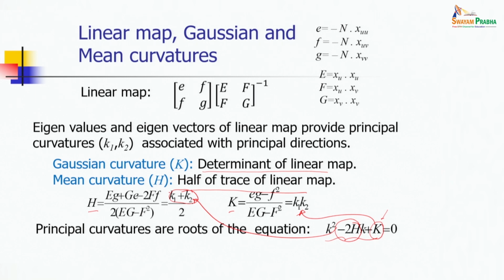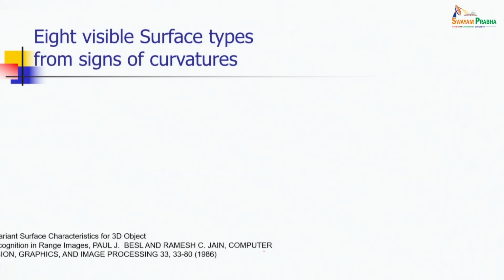So this is also consistent. So finally, by solving this equation we can get principal curvatures in terms of Gaussian and mean curvatures.